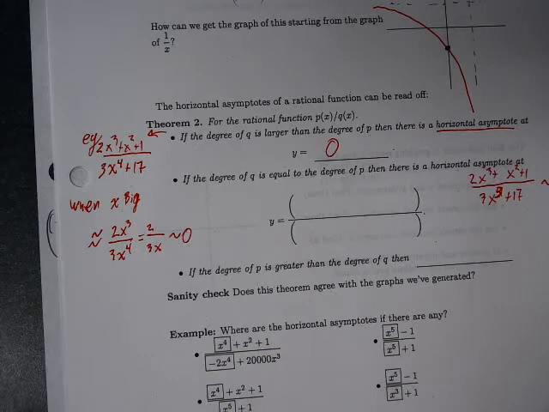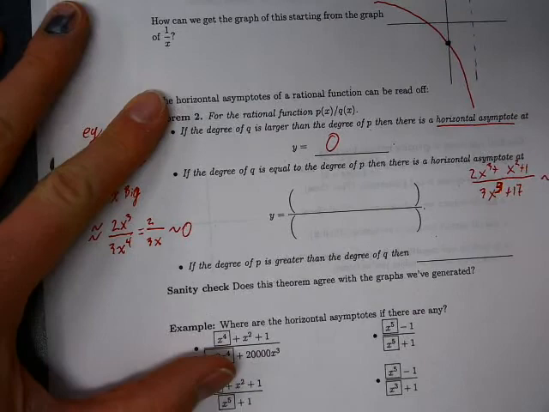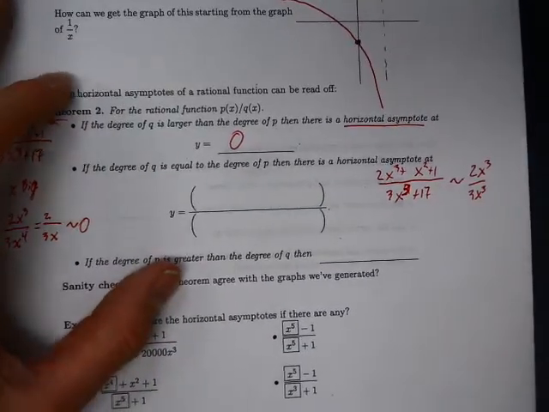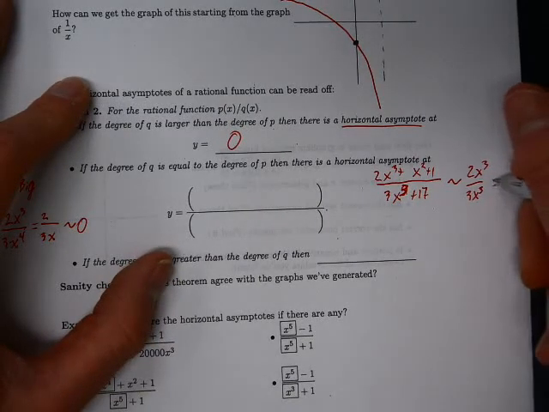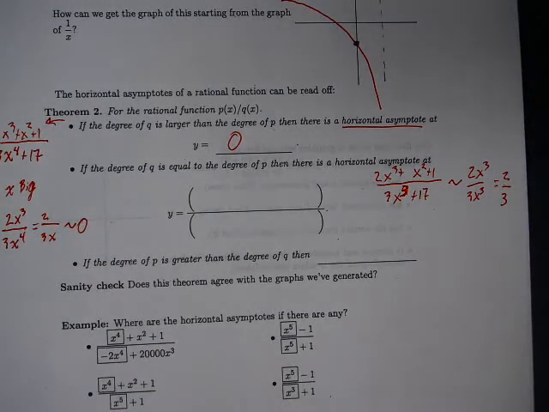Does the 17 make any measurable difference in the denominator? So you'll basically just have 2x cubed divided by 3x cubed. Does anything simplify in that? All the x's do? So this function then has a horizontal asymptote at 2 over 3.